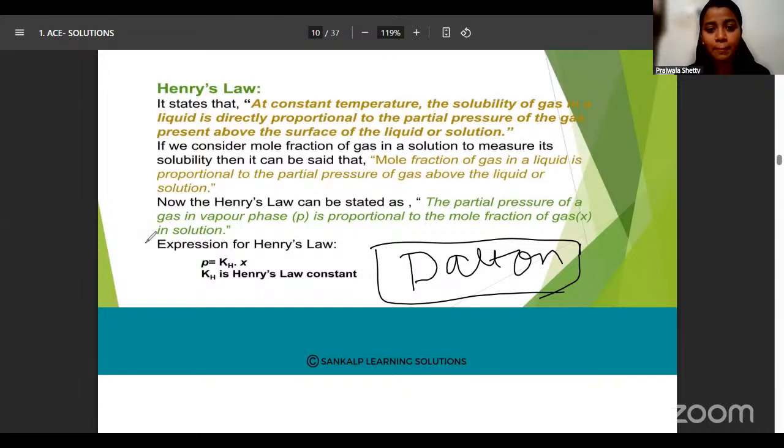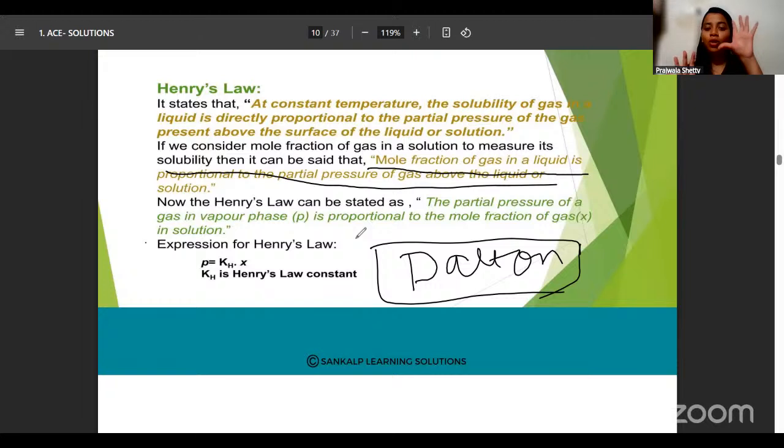Here, what he told us is that the mole fraction of a gas in a liquid is proportional to the partial pressure of the gas above the liquid or solution. He just took a relationship between mole fraction and partial pressure. That's all. So when you combine these two statements, Henry's law was modified as: the partial pressure of a gas in the vapor phase is proportional to the mole fraction of the gas in a solution.